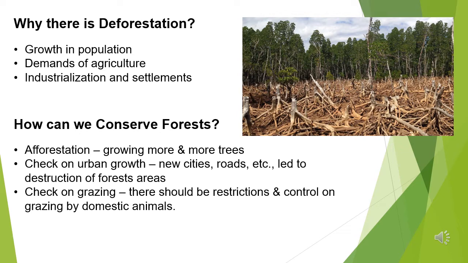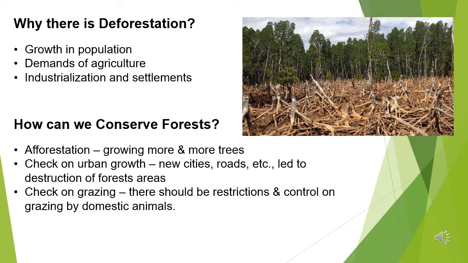But how can we conserve or save forest? By afforestation, that is growing more and more trees. Check on urban growth, new cities, roads, etc. that led to destruction of forest areas. We have to control our settlements, meaning we have to settle in a limited area. We have to develop new cities and roads in a limited area, so that we do not harm or destroy the forest.